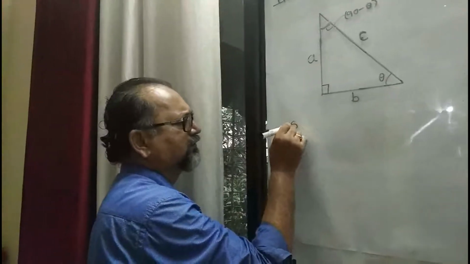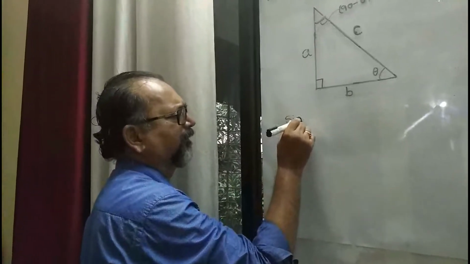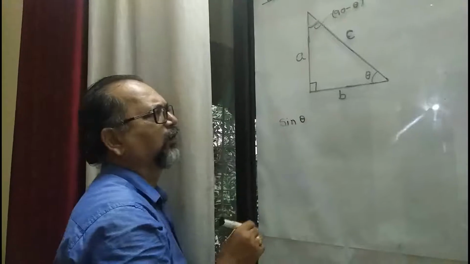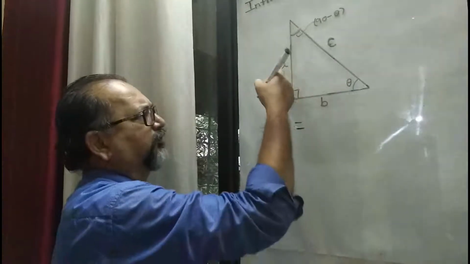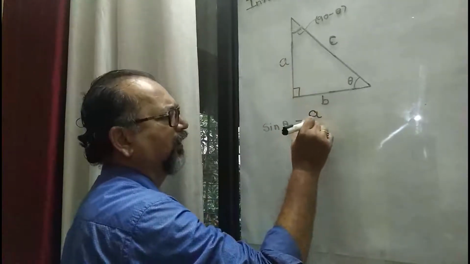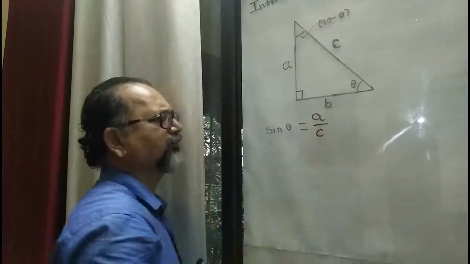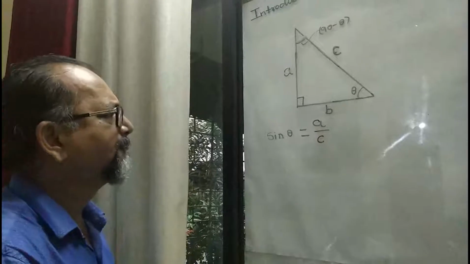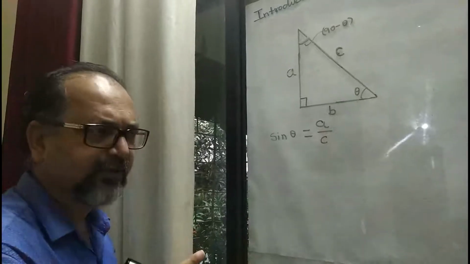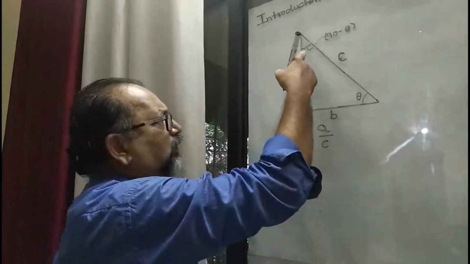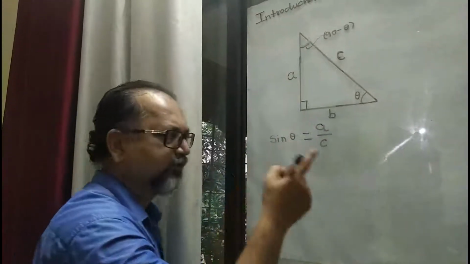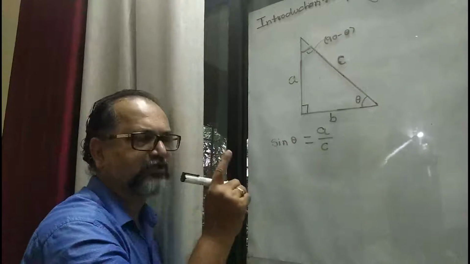Now let me write sine theta. What is sine theta? Sine theta is the side opposite, A, upon hypotenuse. Now let me write cosine theta, which means cos theta.